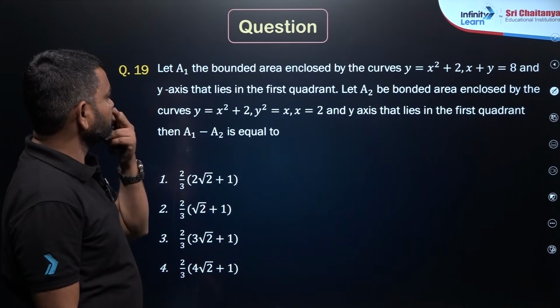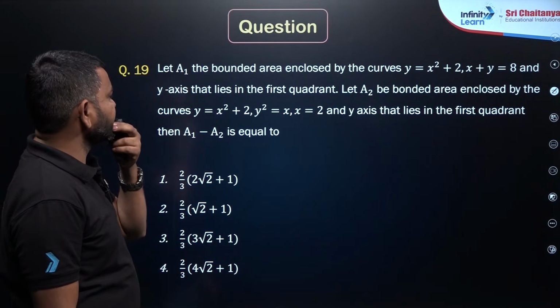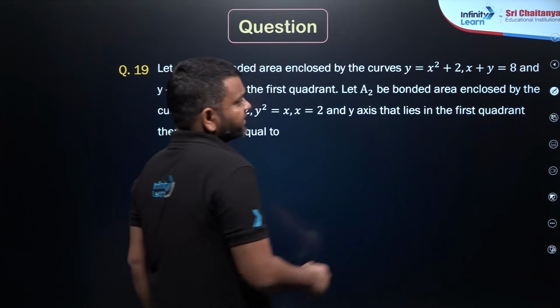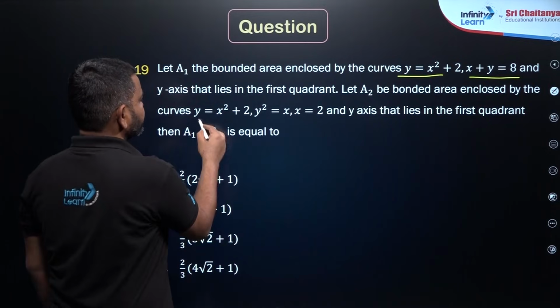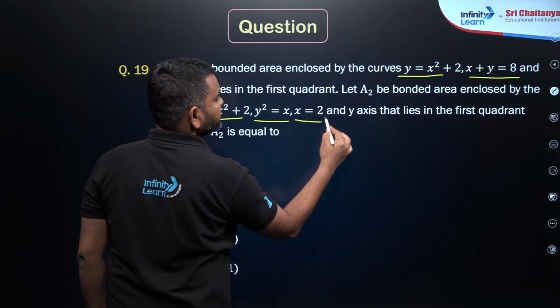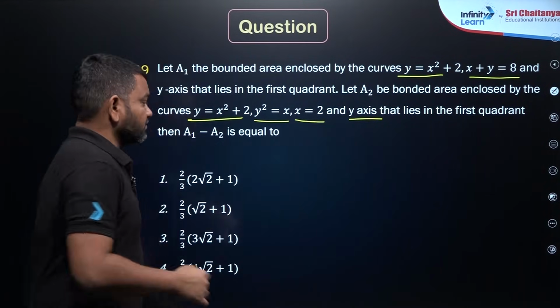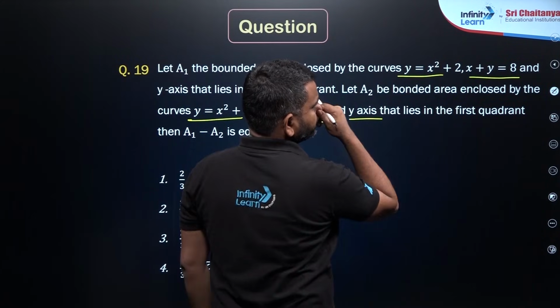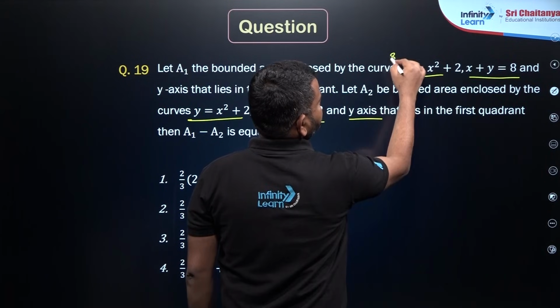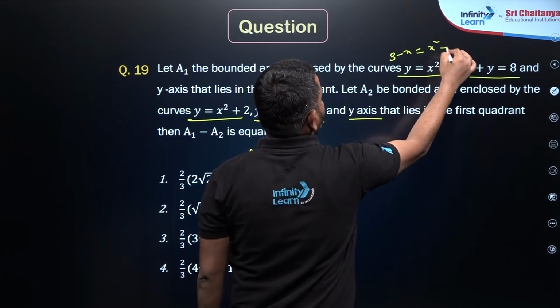A1 is the area enclosed by the curves x square plus 2 and this, and A2 is the area between this and this and the y axis. So if we are looking at A1, just try to solve these two equations, children. y equals 8 minus x, that equals x square plus 2.